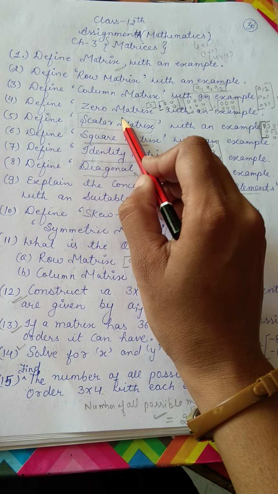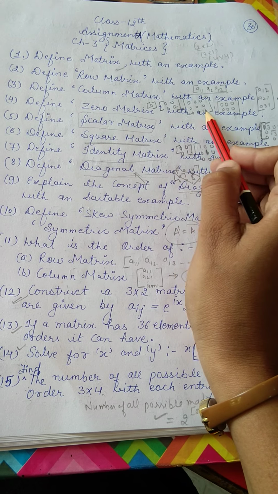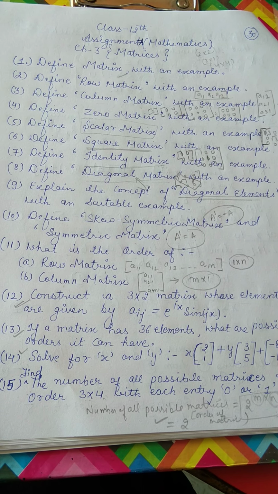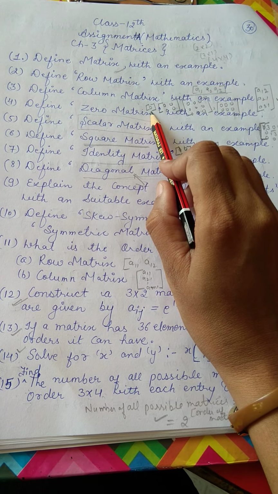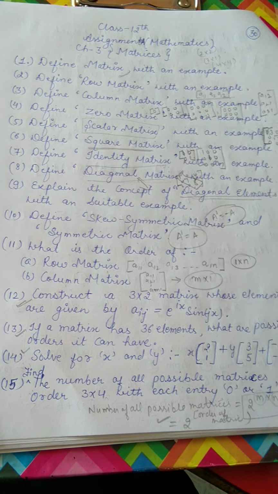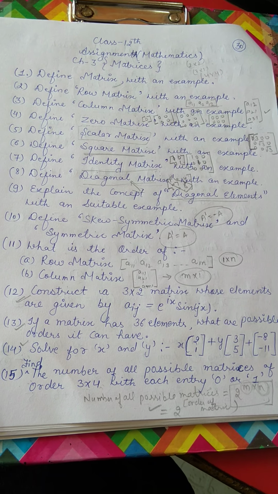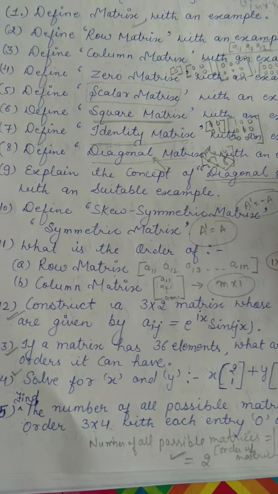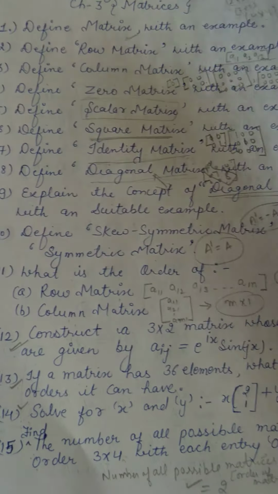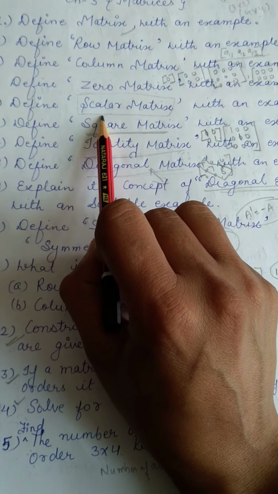In zero matrix it can be of any form, any order, but all of its elements will be zero. So this will be your zero matrix. Now बच्चे, let me tell you a hint about your scalar matrix.